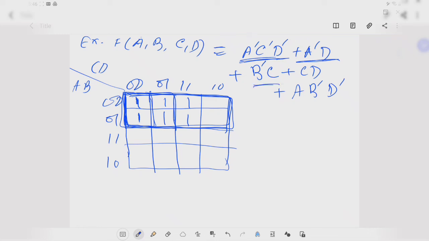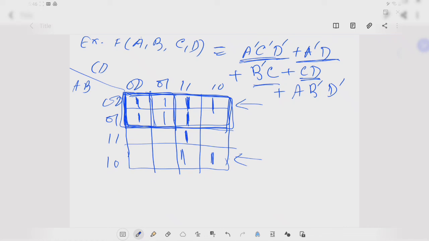Now we have B prime C. B is 0 in these boxes, and C is 1 in these. Yes, C is 1, yes, C is 1. Now we have CD. C is 1 and D is also 1.